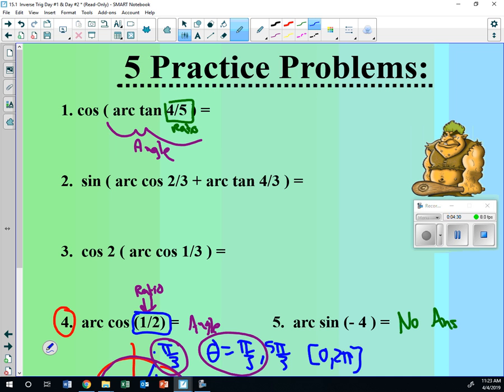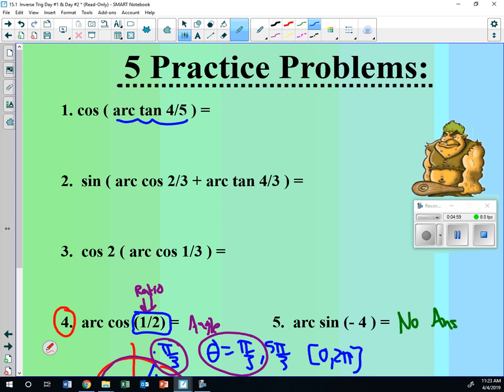But what does the cosine of the arctangent change it back into? What will this answer be? It'll be back to being a ratio. So you take a ratio, change it to an angle, take the angle, change it back to a ratio. So just to give you a little bit of visualization of what's happening with those.